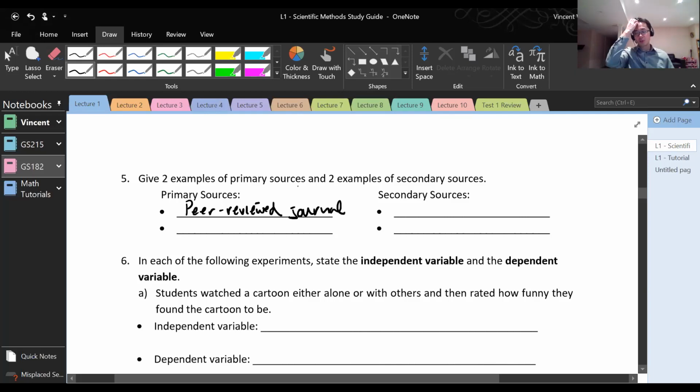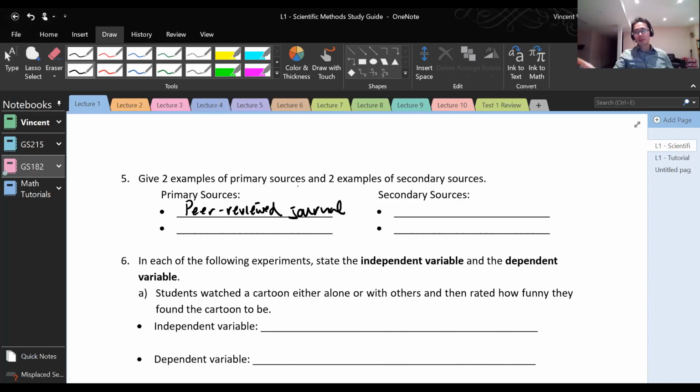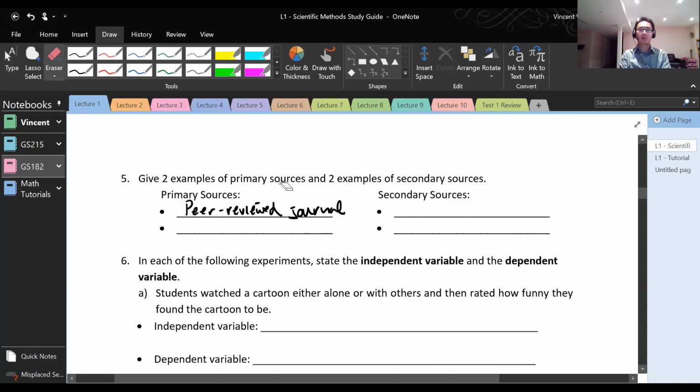When researchers do experiments, they collect the data, and they write an article about it, right? That article is then scrutinized by other experts in the field before it gets published, right? So that is a first-hand article about what the experiment is about. So that is a primary source.